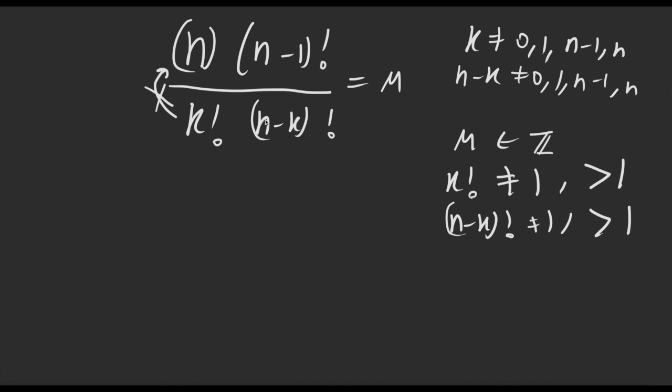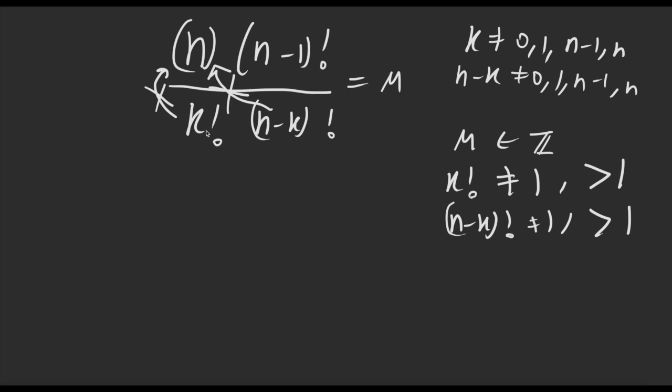And now let's see what happens if we do n minus k. Similarly for n minus k factorial, n minus k factorial cannot divide n.